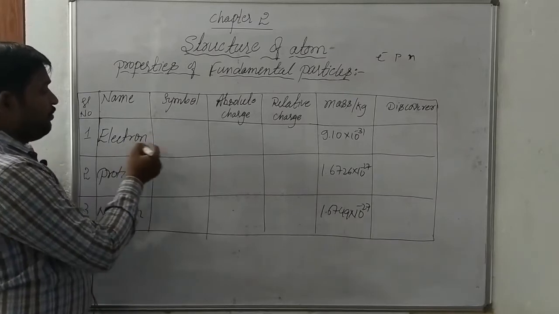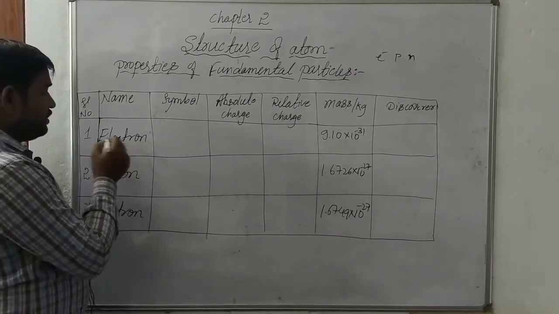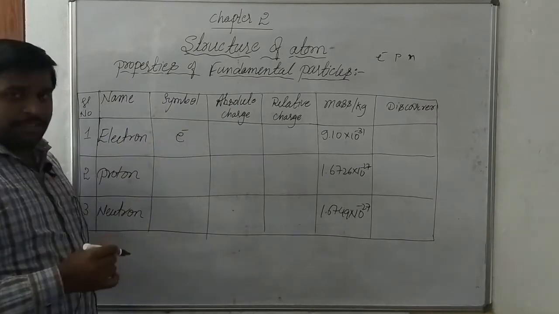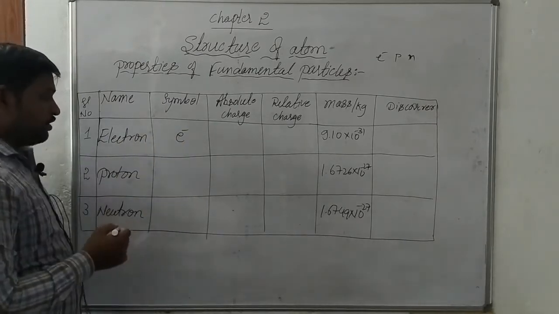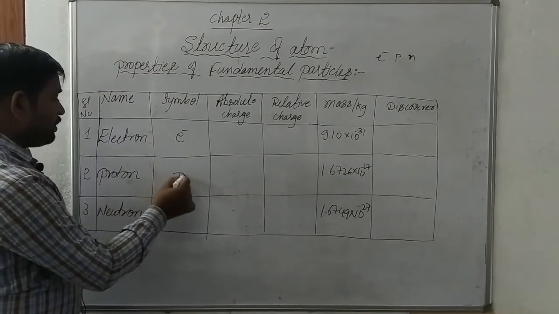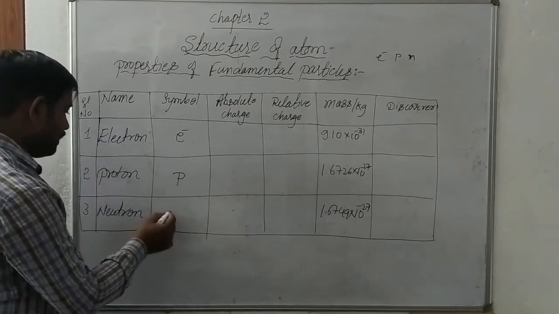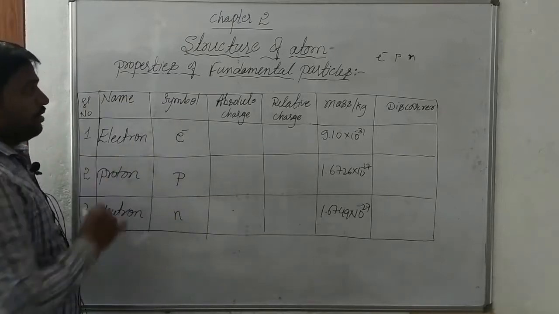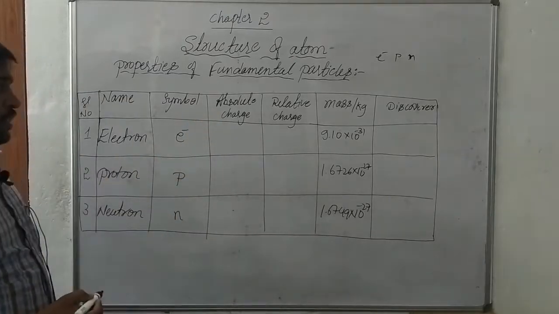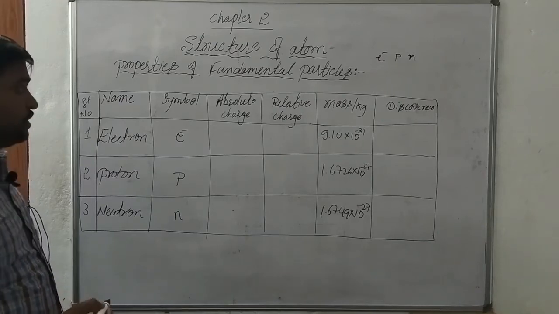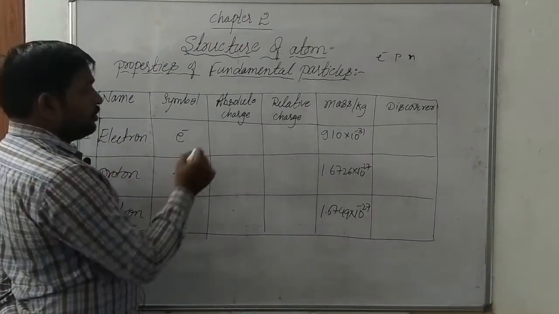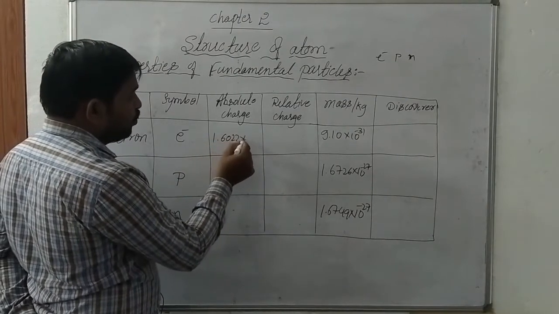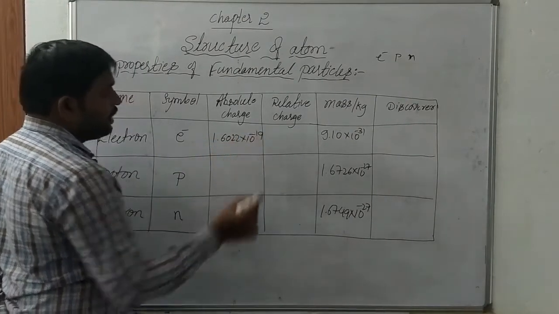Now, what is the symbol for each fundamental particle? The electron is represented by e minus. The proton is represented by p. The neutron is represented by n. Now the absolute charge. The absolute charge of an electron is minus 1.6022 times 10 to the power of minus 19.